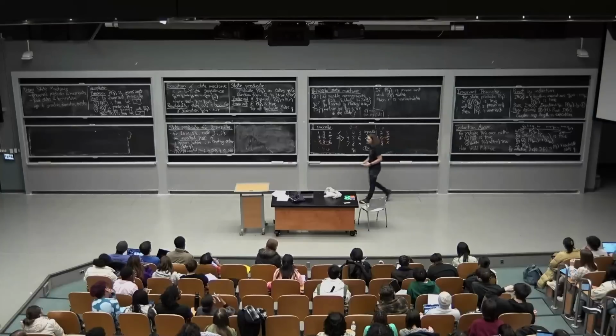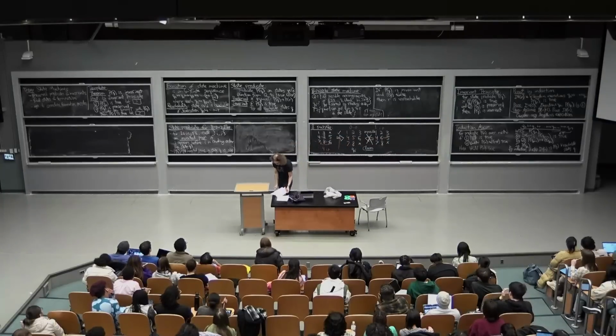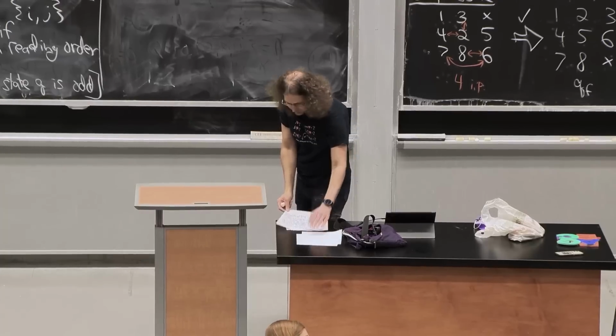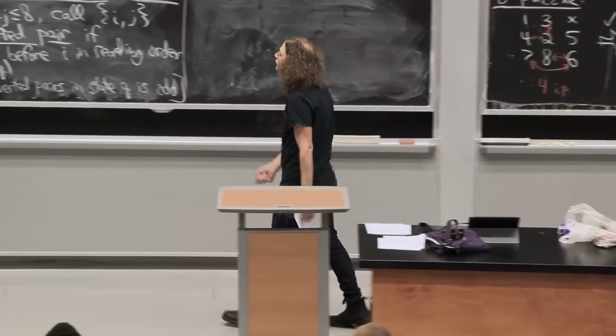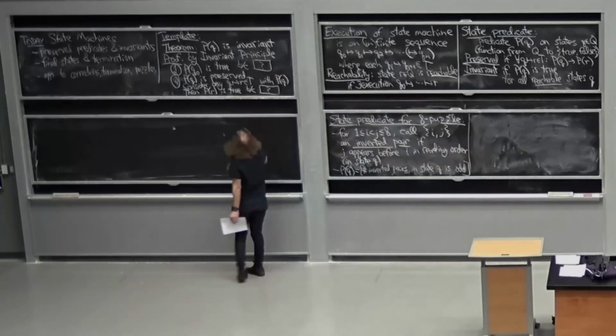So let's prove that P of Q is, ideally we'd like it to be invariant, but to prove invariant, we're going to start with proving that it's preserved.